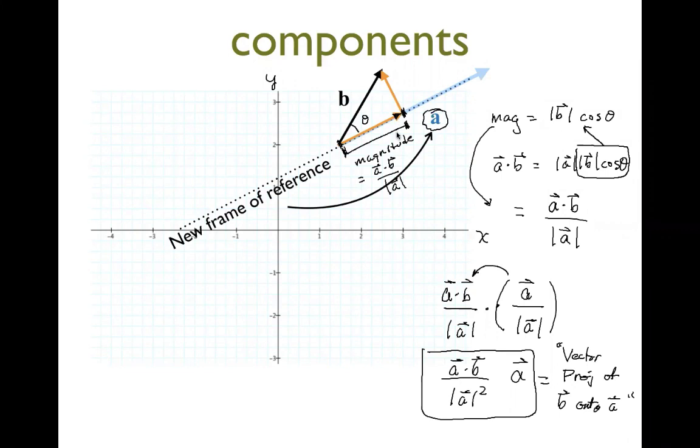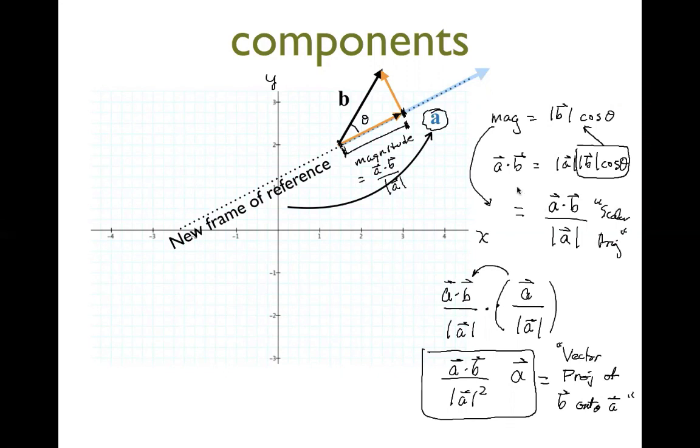So, Professor, is this like the orthogonal projection, kind of like in linear algebra? Because it looks like the same formula. Yeah, it's the vector projection of B onto A. And then this is the scalar projection. Scalar projection means just the magnitude only, the magnitude of that vector of B onto A.